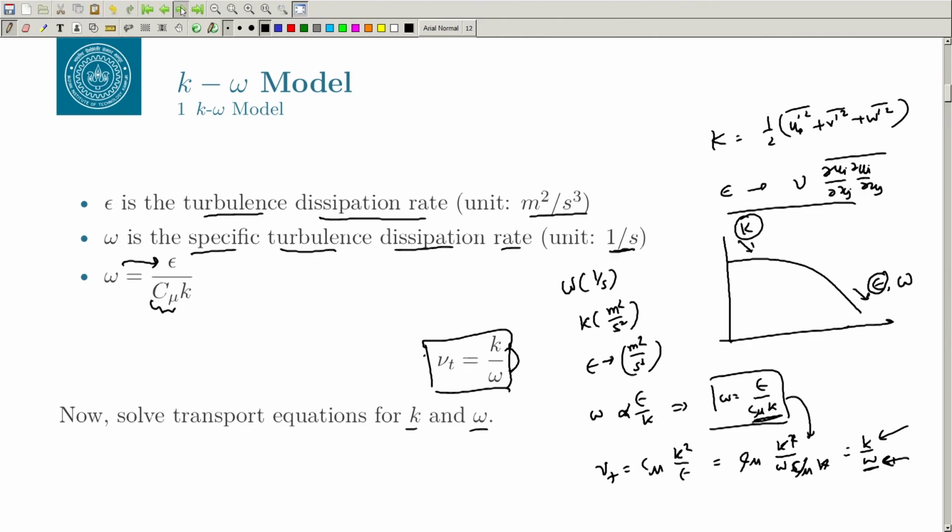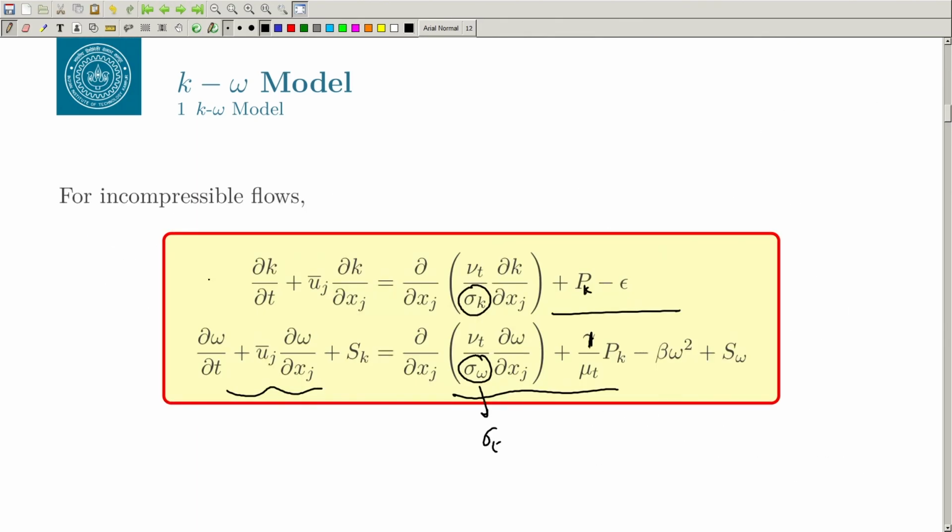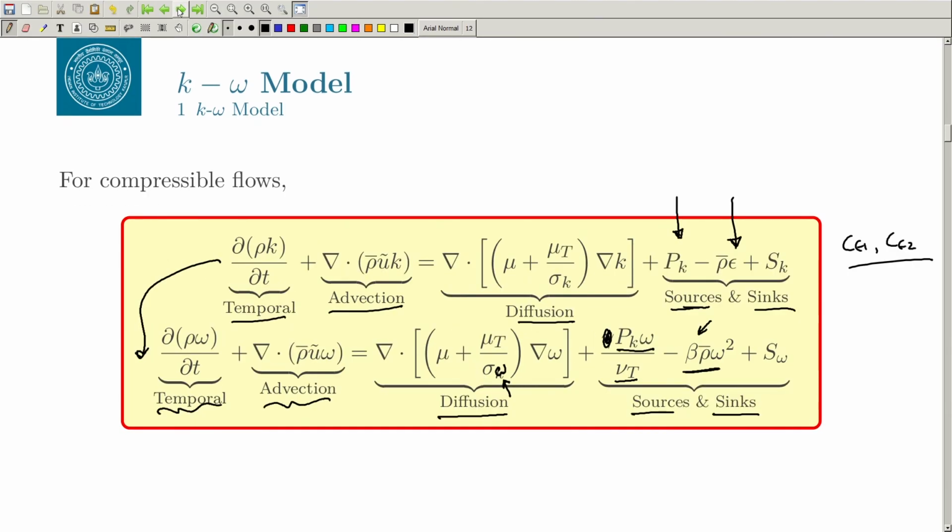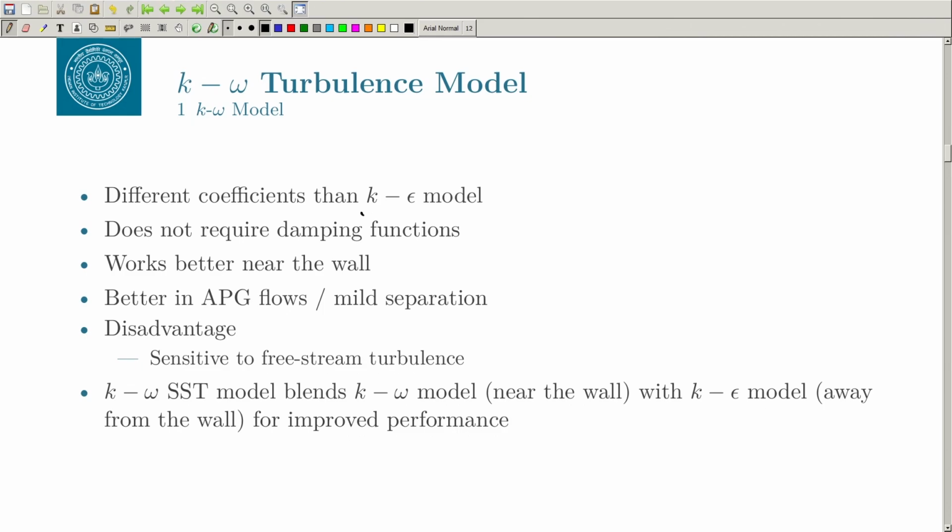It is just that, inspired by the kinetic rate equation, we modeled a dissipation rate equation and we got some coefficients. These coefficients are different from the k epsilon model, but the beauty of this model is that it solves all the way to the wall without any damping function. In fact, this model is very good for the wall.